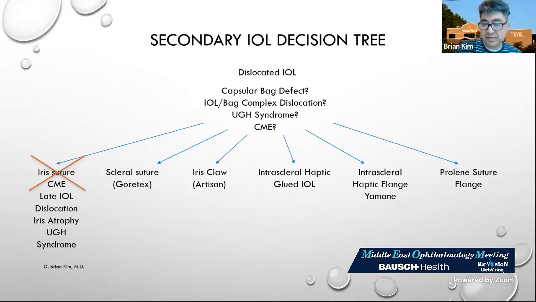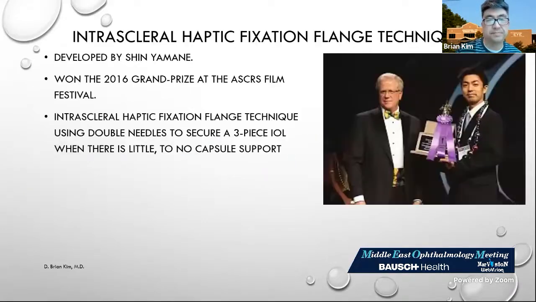So I think this is kind of a newer technique that's available, probably going to be talked about in more detail in the future, but I'll be talking about the Yamane technique and how I do it. And that's the intrascleral haptic flange technique.